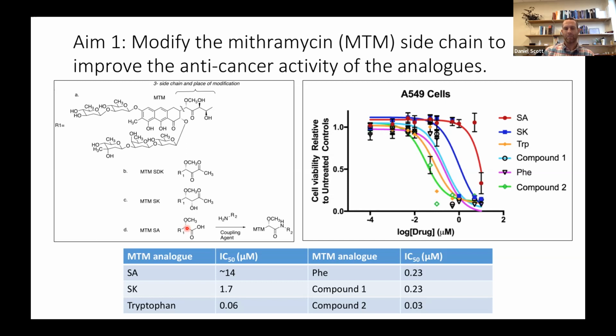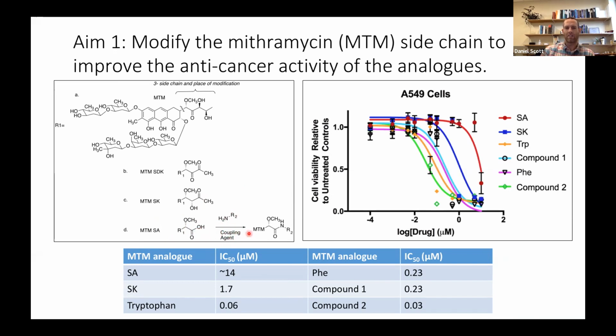And so what we do is we grow the cells, we isolate the cells and lyse them open, and then we collect our three different drugs, and through some different chromatography methods, we isolate our Mithramycin SA as our starting material. Then through just a one-step reaction, you can think similar to a peptide coupling reaction, we take another compound with a primary amine and we couple it to that carboxylic acid.